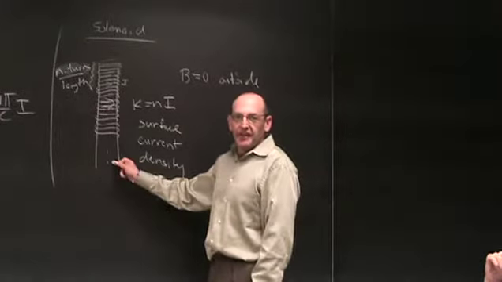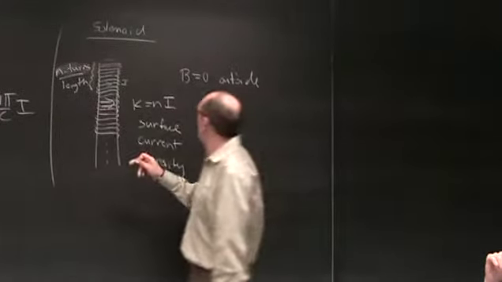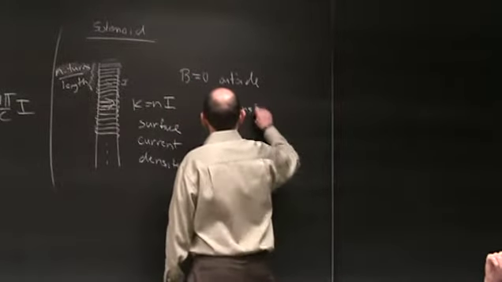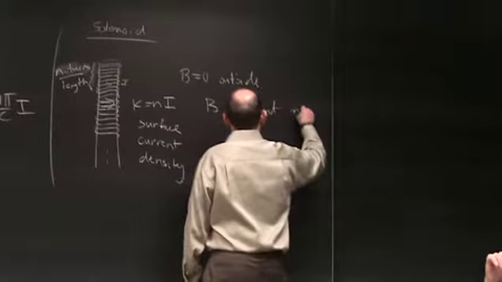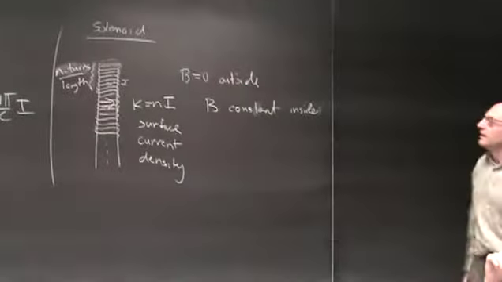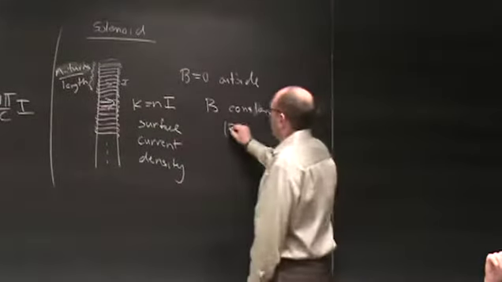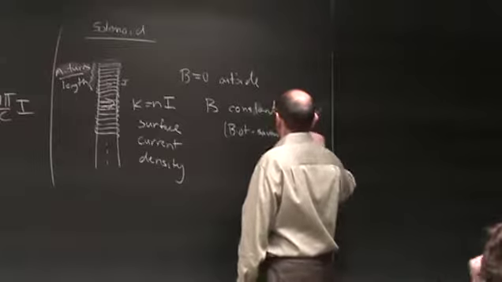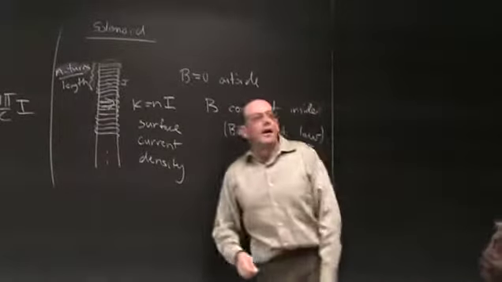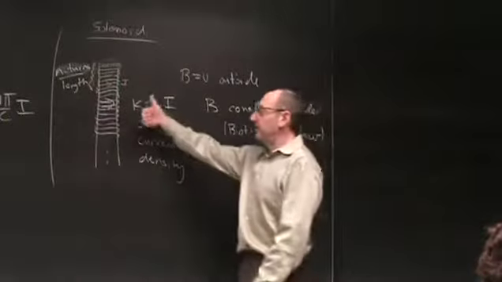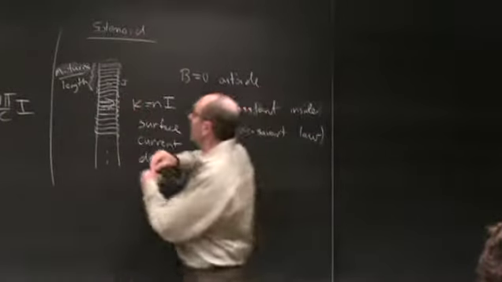Inside, it's not as trivial, but you can prove with the Biot-Savart law that B is constant inside. That follows from a little bit of work, not so trivial. The direction of the magnetic field, though, we do know from the right-hand rule, has to be along the z direction.